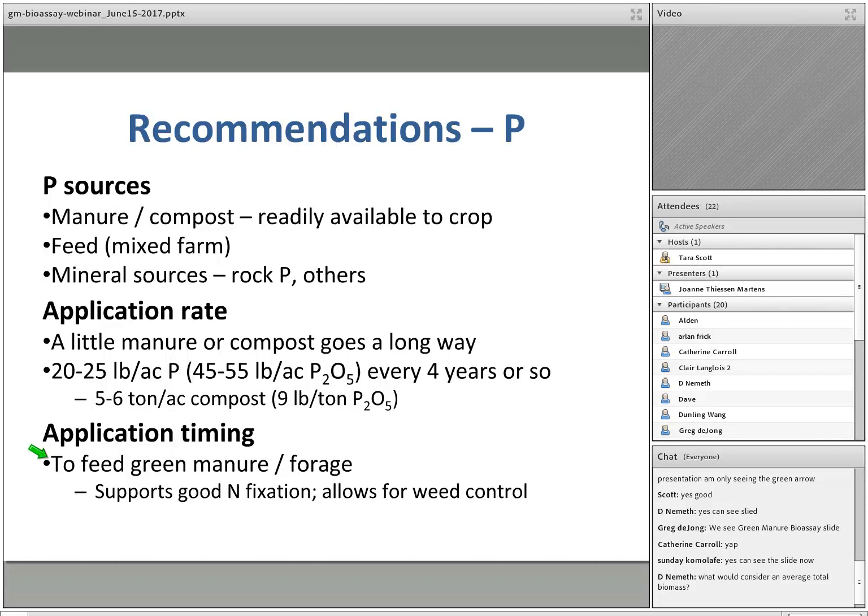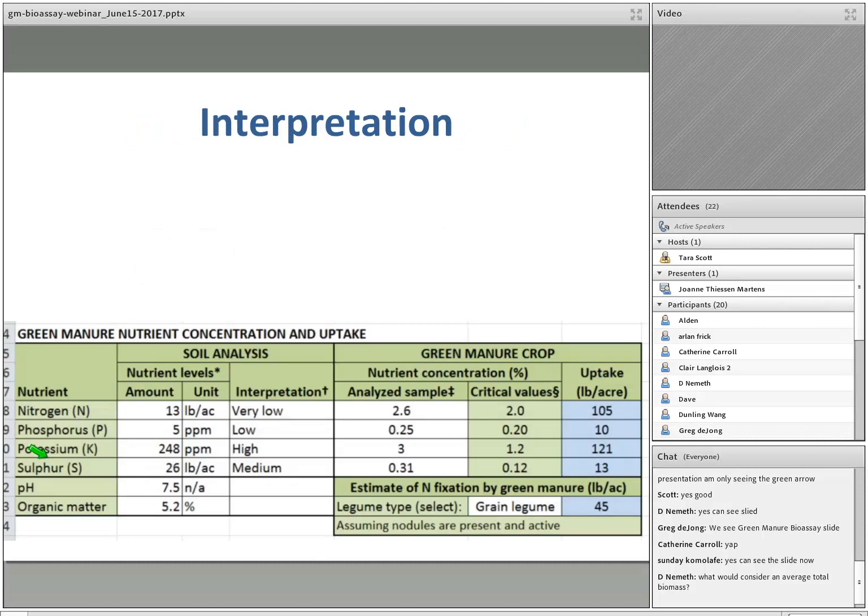It helps support good nitrogen fixation in that stage of the crop, and it also allows for better management of any weeds that are stimulated to grow by the additional fertility that's been added. So that's our recommendation, but again, it'll depend on the farmer and their operation about when it's possible to actually add an input.